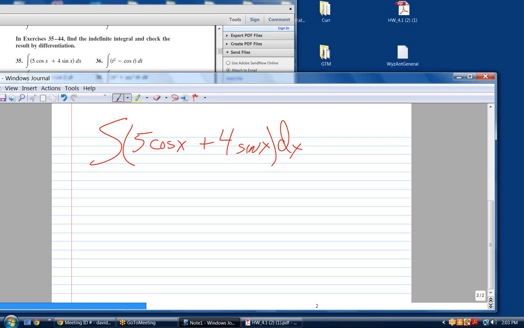Since the derivative of sine is cosine, and the derivative of cosine is negative sine, the opposite would be for these. So we would have 5 sine x plus, I want to say cosine x, but since the derivative is negative sine, we would get negative 4 cosine x.